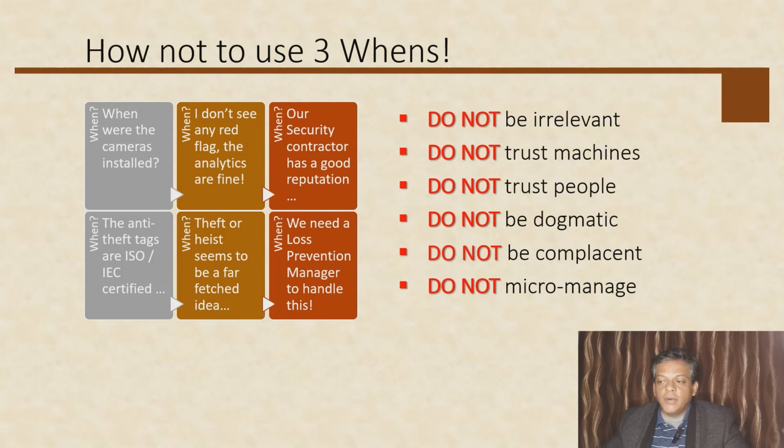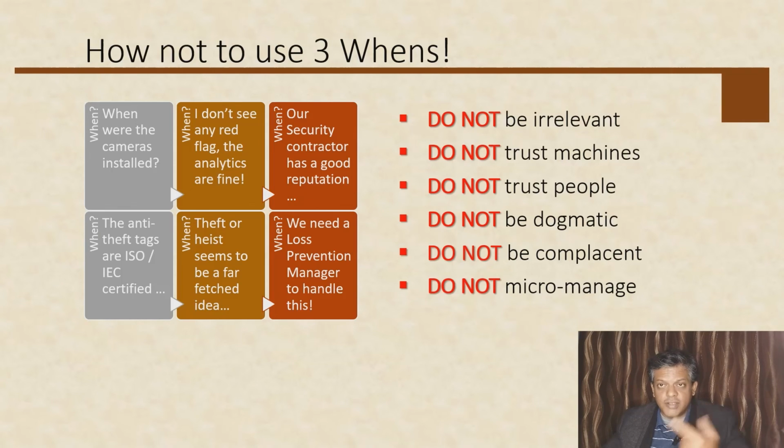Now let me cover how not to use these 3 wins. This is very basic and plain simple kind of advice. Number 1, do not be irrelevant by asking irrelevant questions when using 3 wins, like when were the cameras installed in the first place. This is not going to lead you anywhere.